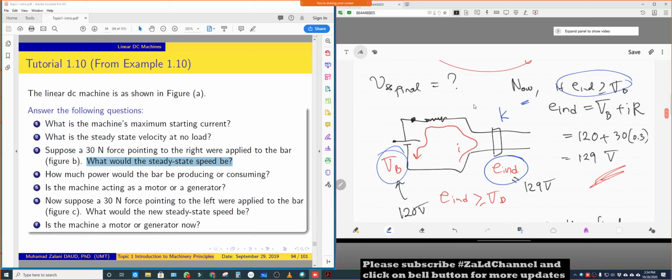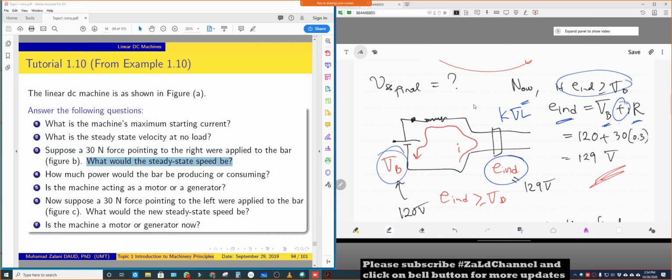The same thing we apply, Kirchhoff Voltage Law, KVL. So induced voltage equals VB plus IR. Because induced voltage is larger than VB, it is plus IR.